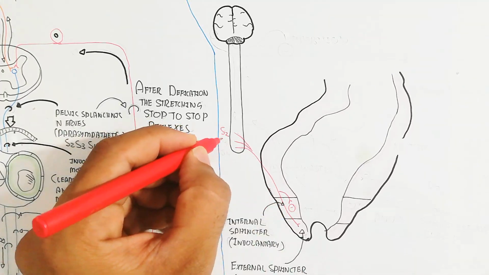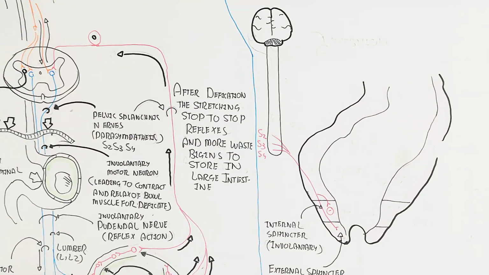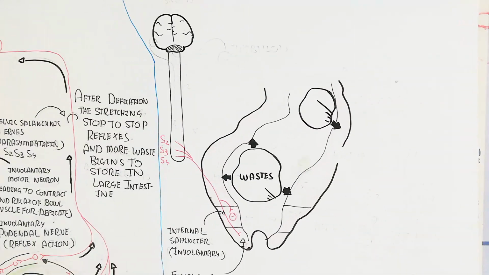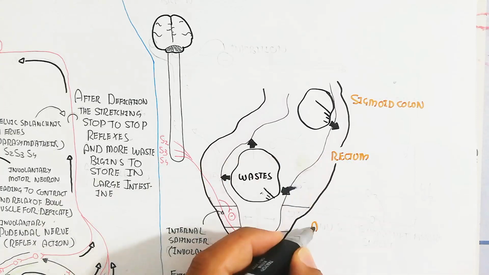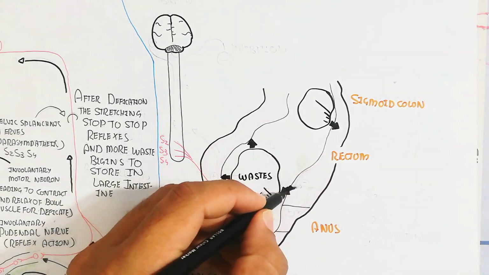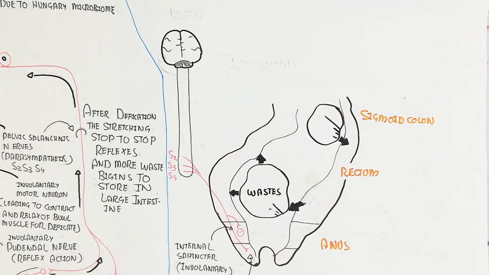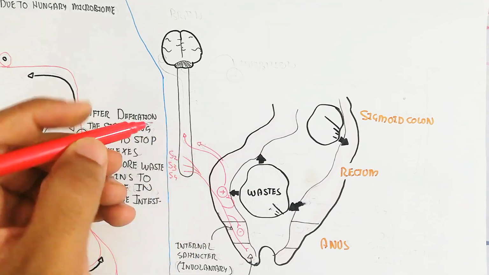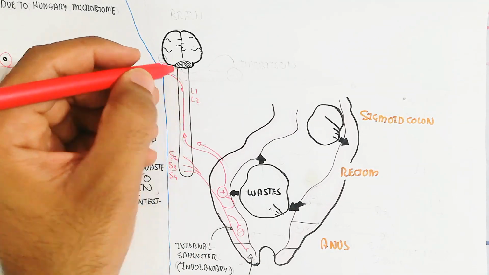After the stretching of the wall, the signal goes to the brain, meaning the rectum is filling with waste. The stretching gives the response to the brain, and this leads to the inhibition of the lumbar 1 and 2 nerves.